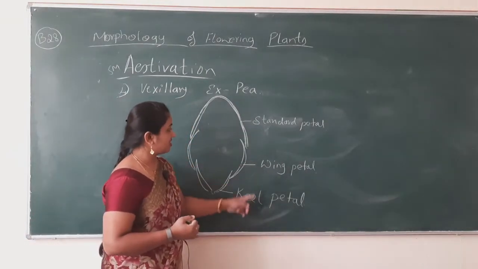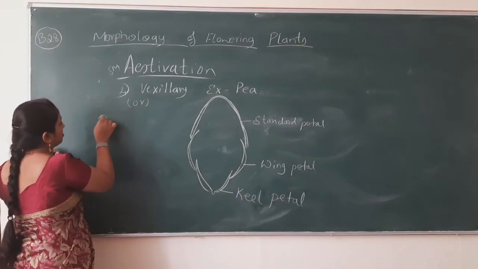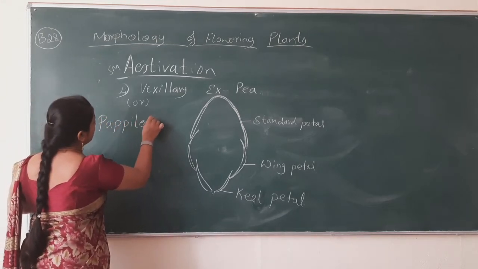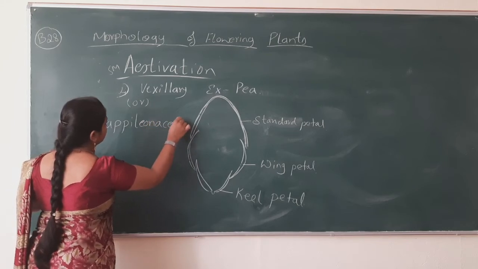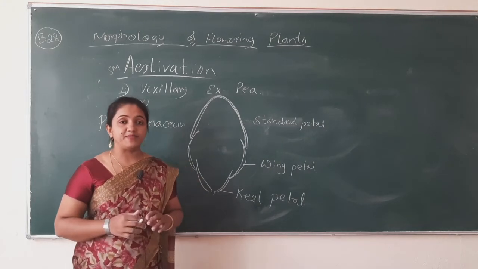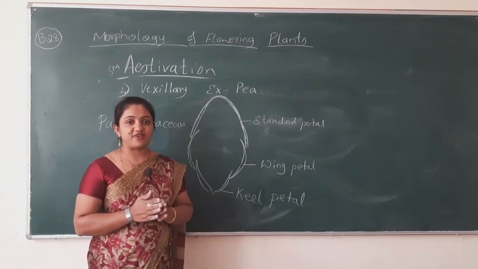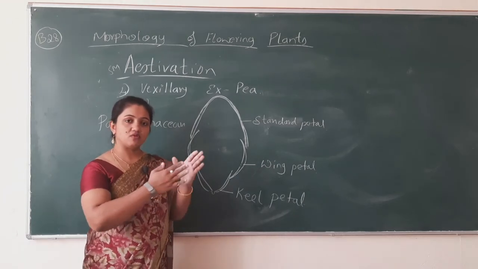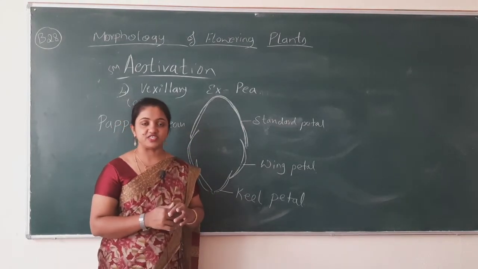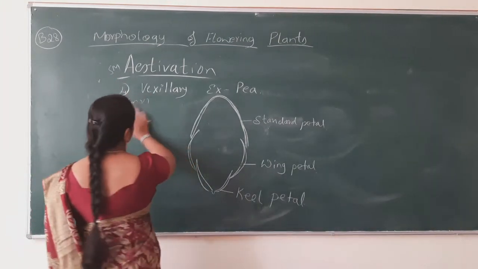So that's why the name of the estivation is vexillary or papilionaceous type of estivation. Okay, so why have they given papilionaceous estivation? Because in the Papilionaceae family, you will find all the flowers in the form of vexillary type of estivation. That's why they have given the name papilionaceous.